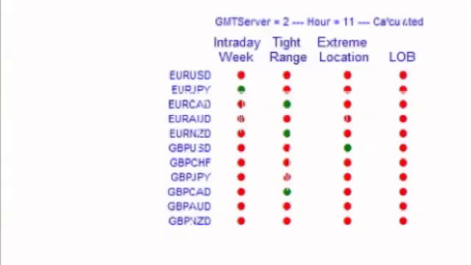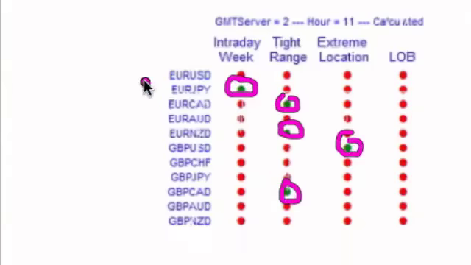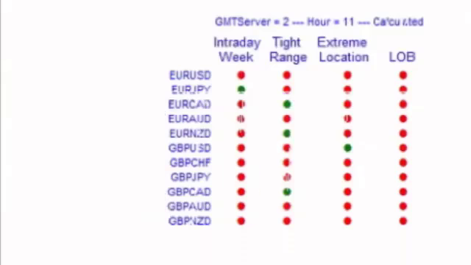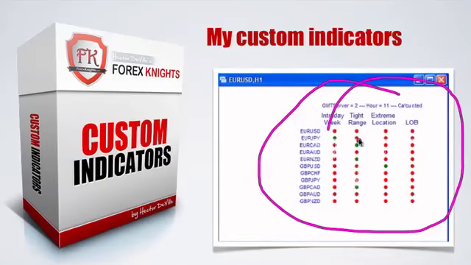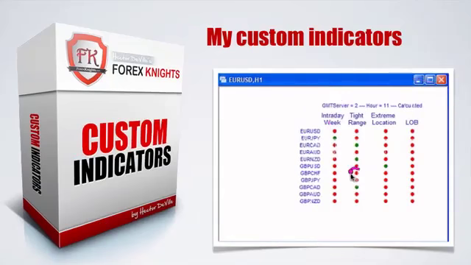That's the London Open breakout scanner that basically signals those currency pairs that are presenting a London Open breakout setup for the day all across the board. Okay, this indicator tracks all the different London Open breakout currency pairs at once, so you don't actually have to monitor all those different charts individually. You just open up the London Open breakout scanner and you can see within the blink of an eye which currency pairs are to be traded and which ones are not.